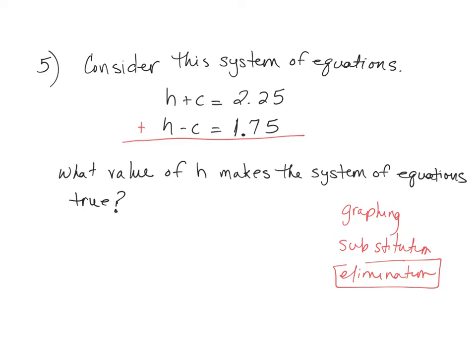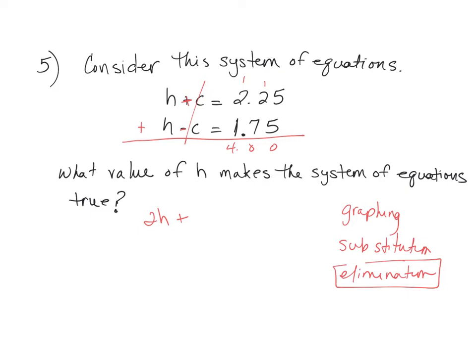Because I have a positive c and a negative c, these will cancel. So that just leaves me with 2h when I add these together, plus, this is 10, carry the 1, 9, 10, 2, 3, 4, so this is 4.